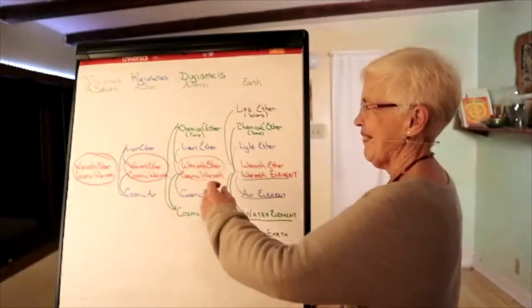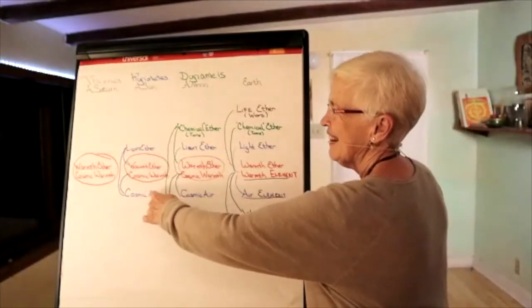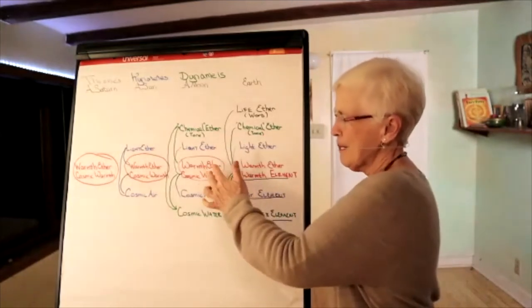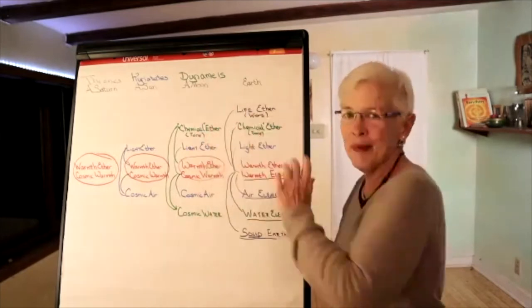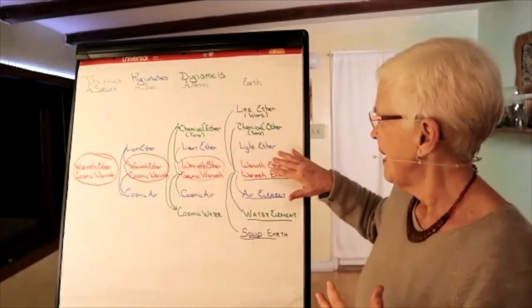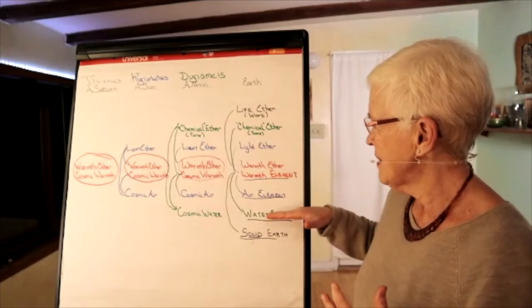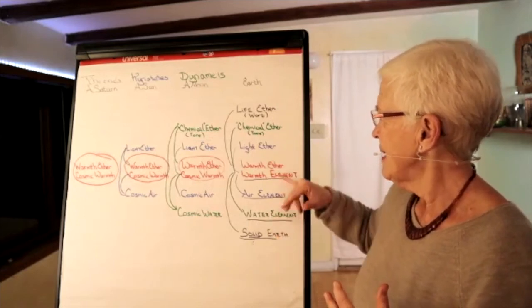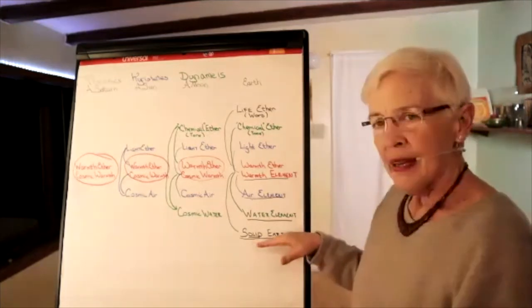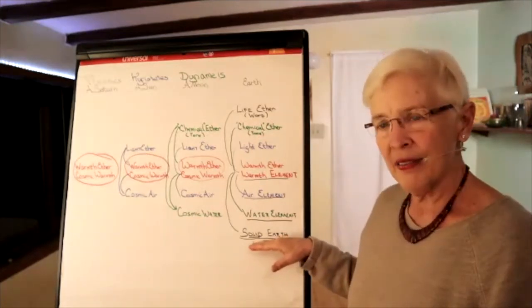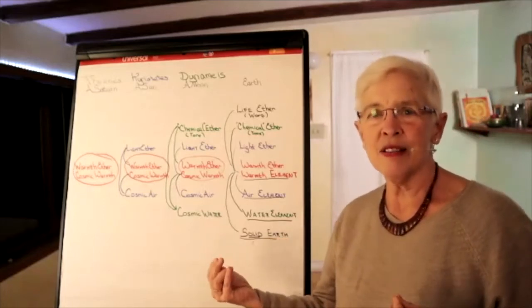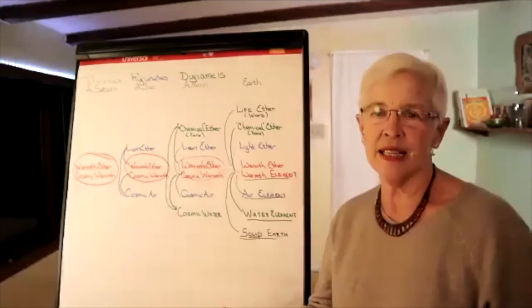Everything's fine. Okay. So the fire working into the air created the light ether. The warmth working into water creates the chemical ether or the tone ether, the cosmic harmony. The warmth working into the earth element creates what is called the life ether. So the earth, I've said before, is the condition of matter that is the most dead.